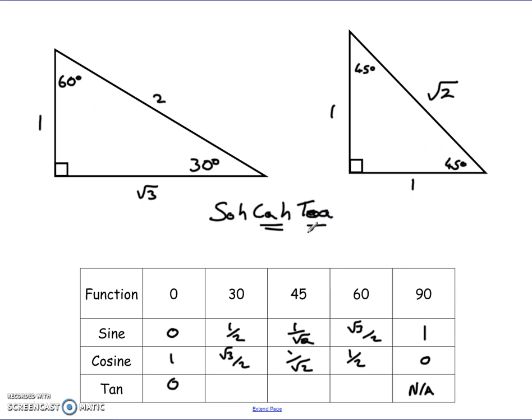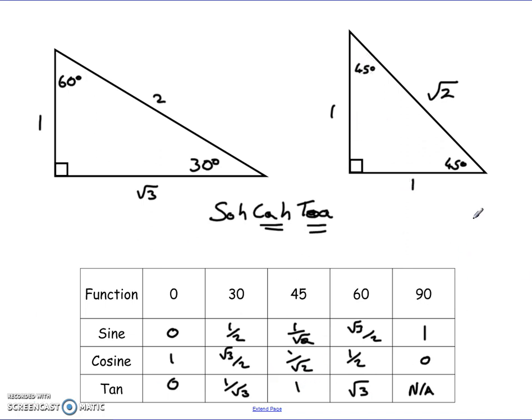And for tan, opposite over adjacent. So for 30 degrees, I'd end up with opposite over adjacent, so 1 over root 3. For 60, I'd end up with root 3 over 1, so just root 3 all on its own. And then for 45 degrees, opposite and adjacent, I would end up with 1.